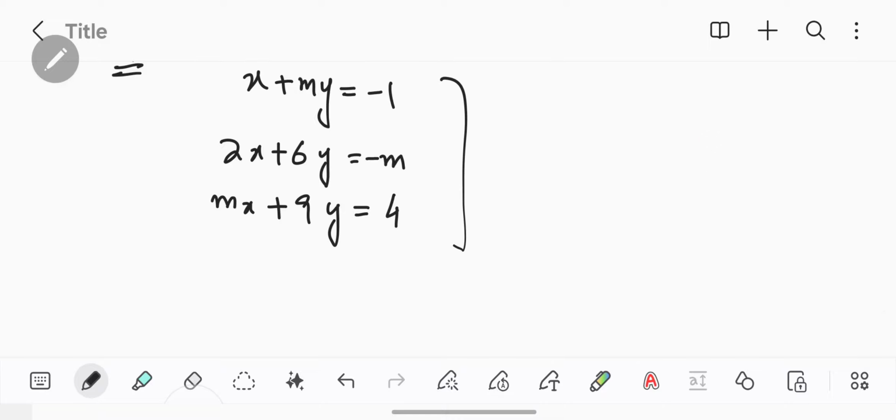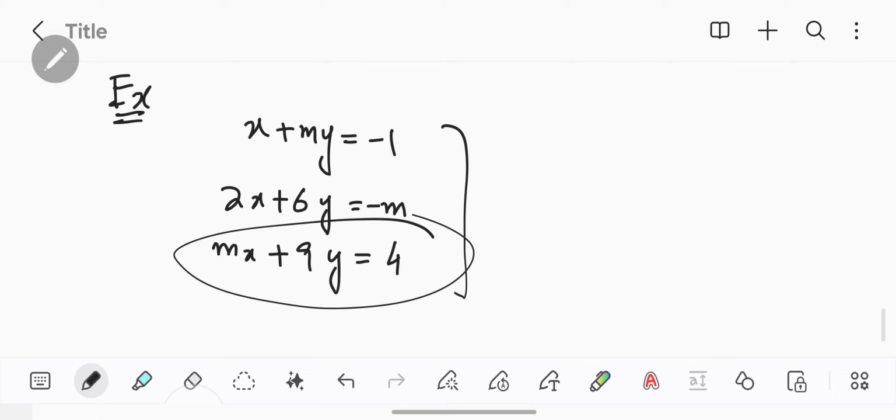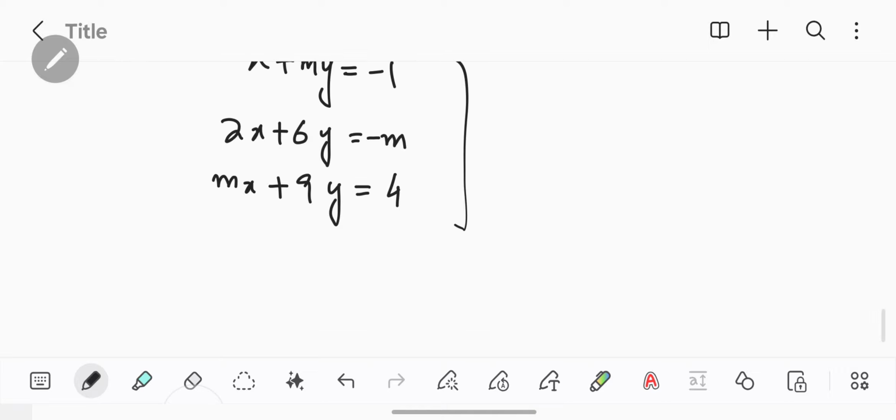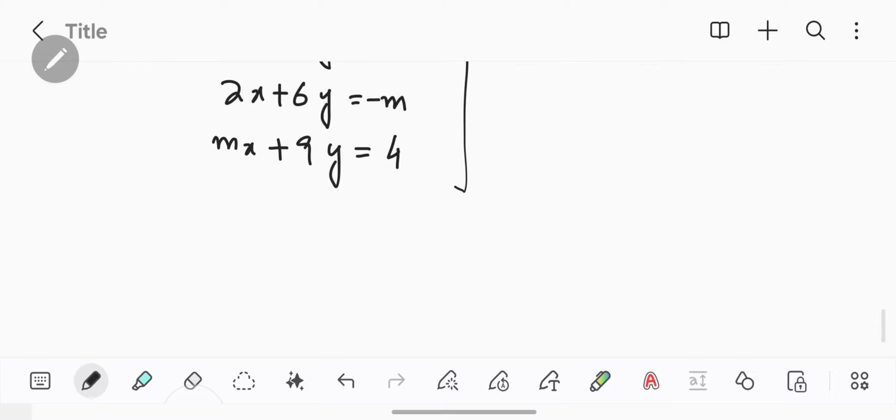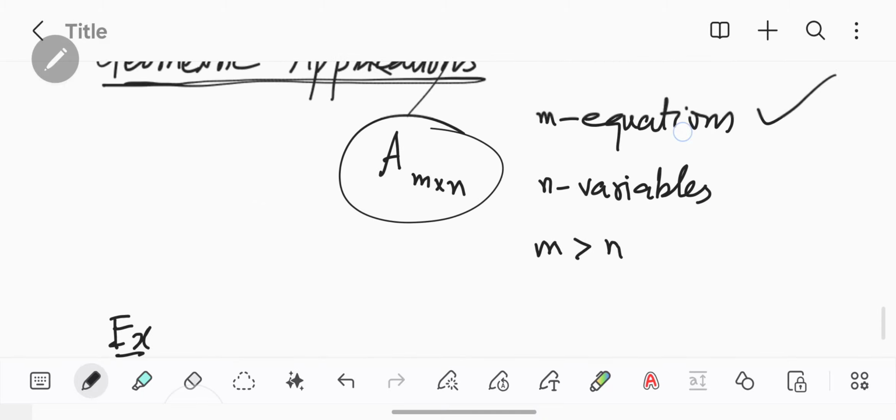What we have to do is reduce our equations. We will make the number of equations equal to the number of variables. Since variables are 2, we will pick only two equations. Either we pick the first two equations, or the last two equations, or the first and last equation. It doesn't matter. So we will pick the first two equations and make our system square, because this matrix needs to be a square matrix in order to solve using Cramer's rule.